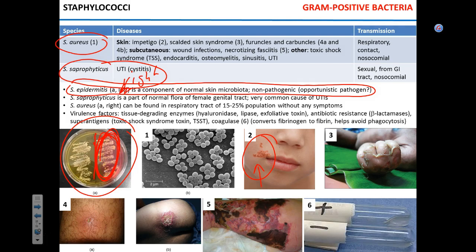Now, in some cases, Staphylococcus aureus can cause cutaneous infections in newborns. Newborns have much weaker immunity compared to toddlers or school kids. And in them, Staph aureus infection of the skin can lead to the condition known as scalded skin syndrome. Here you can see epidermis peeling off the hands of that child.